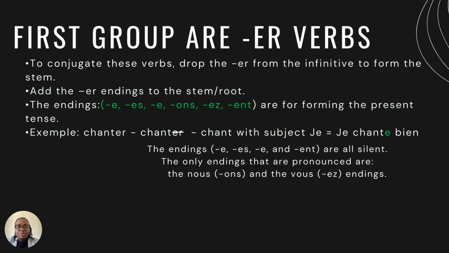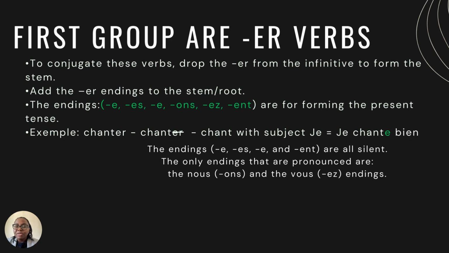And you also have to take note that the endings e, es, and ent are silent, meaning you do not pronounce them when you have conjugated them. Only the endings that are pronounced are on nous and on vous. For example, if we were to conjugate the verb chanter with the subject nous to say we sing, it would be nous chantons.